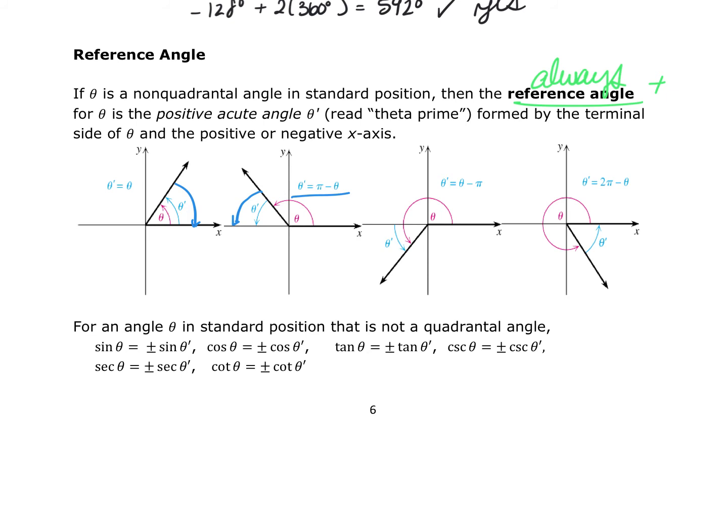If I'm down in quadrant number 3, the shortest distance is back to the negative x-axis, and that's why my reference angle is going to be my angle, which is bigger than 180 degrees, or pi, subtracting off pi, or 180 degrees. Lastly, if I'm in quadrant number 4, my reference angle is the shortest distance to the positive x-axis in this case, and the way I find that is 2 pi minus my angle, or 360 minus my angle.